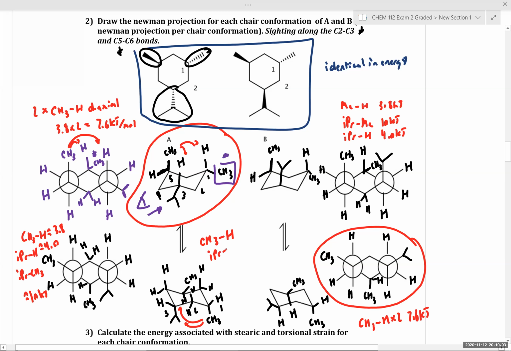I notice an isopropyl hydrogen, and I notice an isopropyl methyl interaction. So adding it up, the isopropyl methyl is roughly 10 kilojoules, the isopropyl hydrogen is roughly 4, and the methyl hydrogen is roughly 3.8. Adding these together, we get roughly 18 kilojoules per mole of strain.